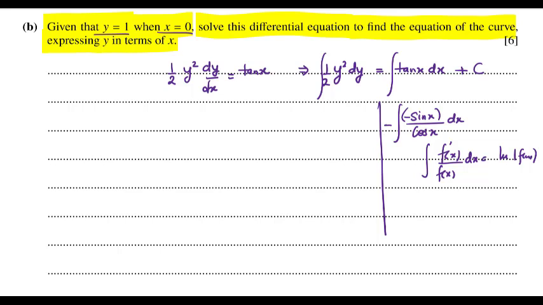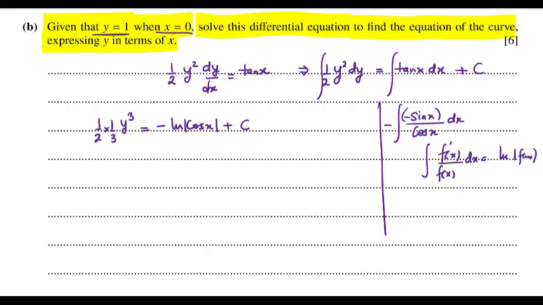Now it means the integration becomes 1 upon 2 into y square, integration becomes y cube upon 3, and here it is going to be minus ln cos x, we can write it in the modulus also, and plus c. So now we will substitute the initial values.